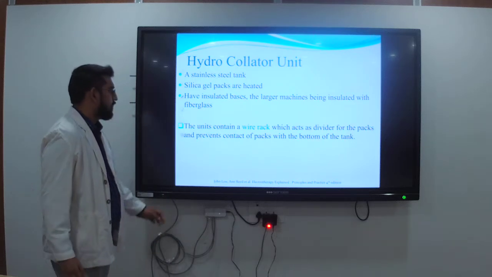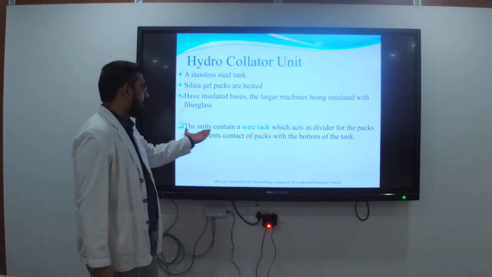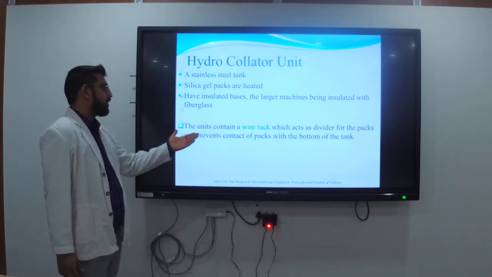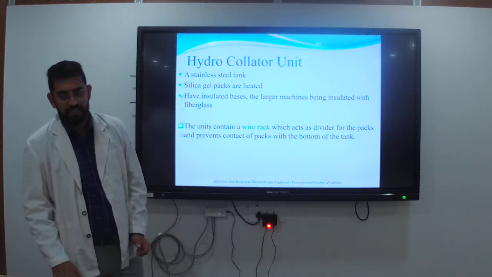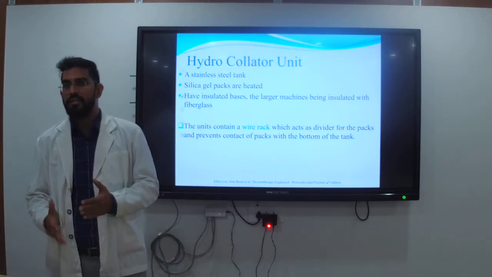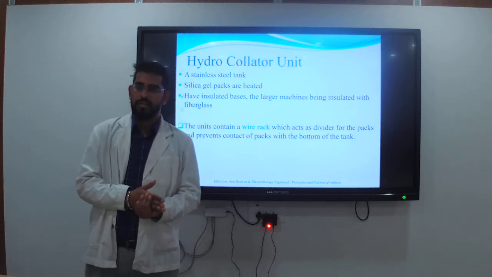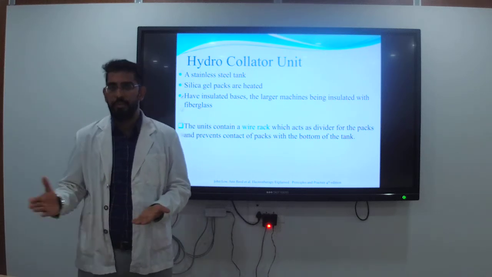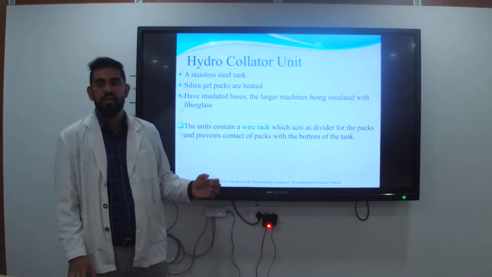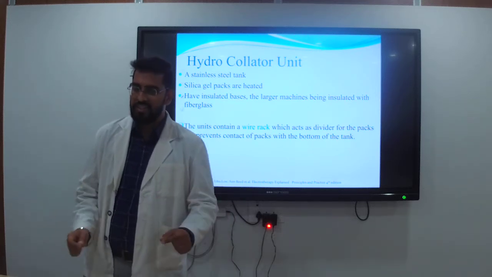Now, as I already said, the unit contains a wire rack which acts as a divider for the pads and prevents contact of the pad with the bottom of the tank. The rack serves as a separation of individual pads from each other, and it does not allow the pad to touch the bottom.